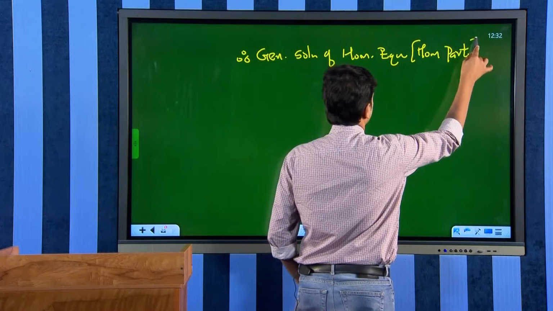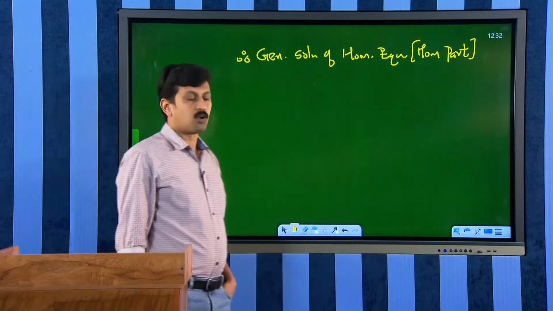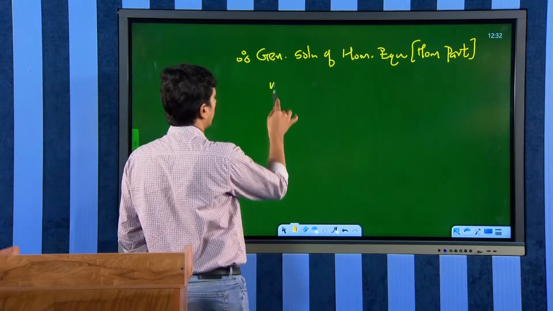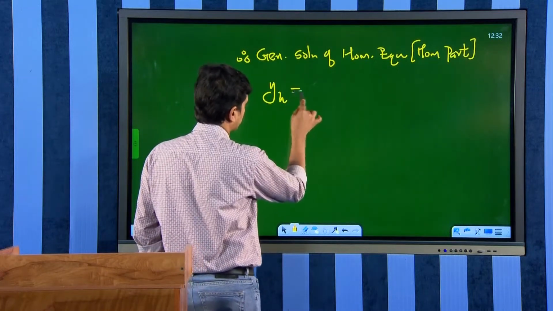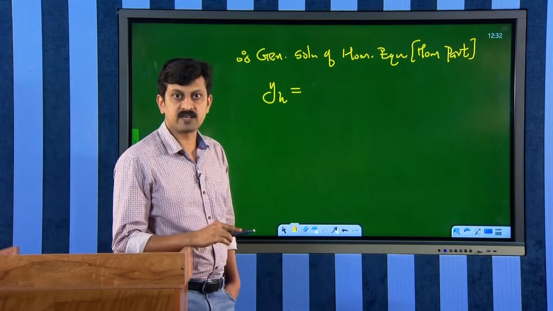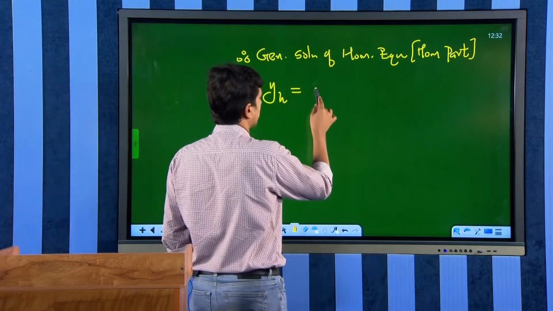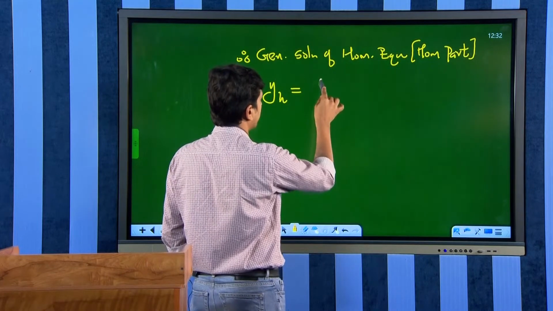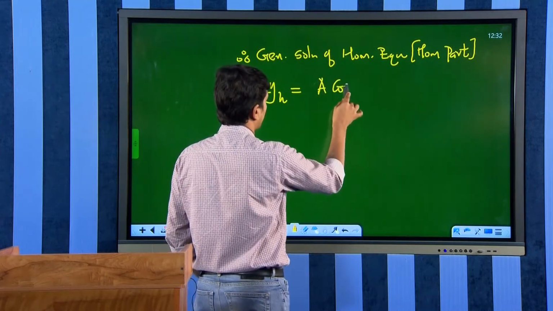that is equal to y, but instead of y I would like to call it the complementary function, yh, that is equal to e raised to px times a cos qx plus b sin qx.